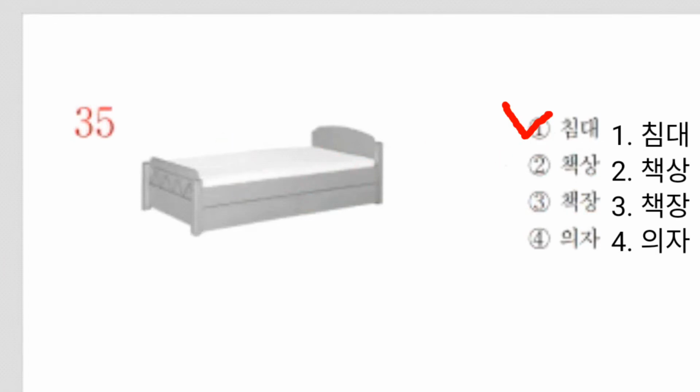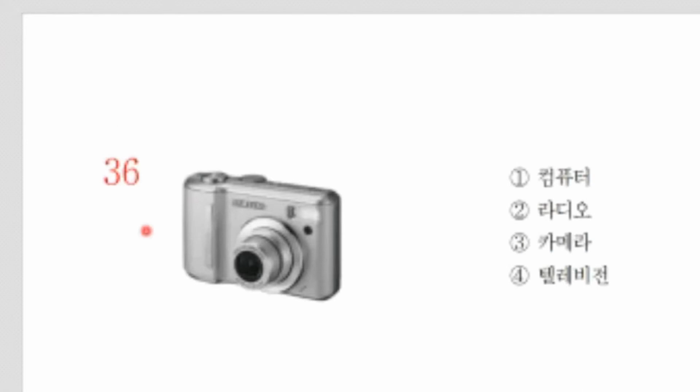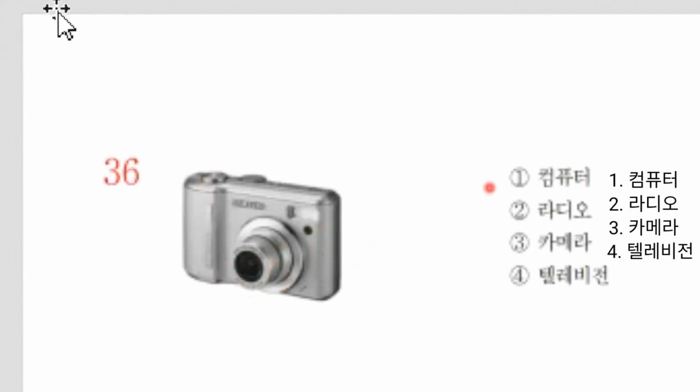Okay, so next is 36. Ito ay isang camera. Okay, so camera in Korean, you can say sajingi, or you can also use the same name as camera. Okay, so basahin natin.